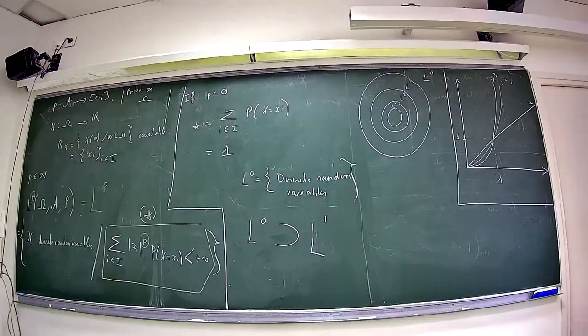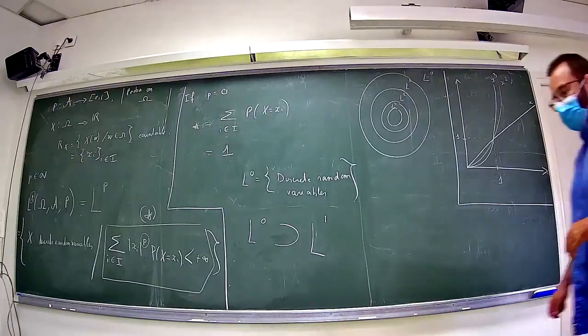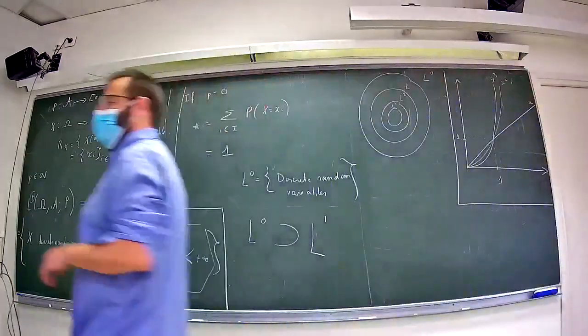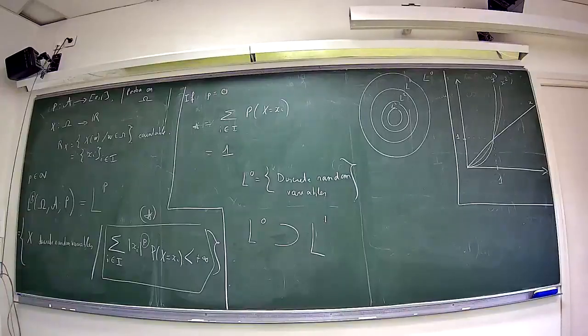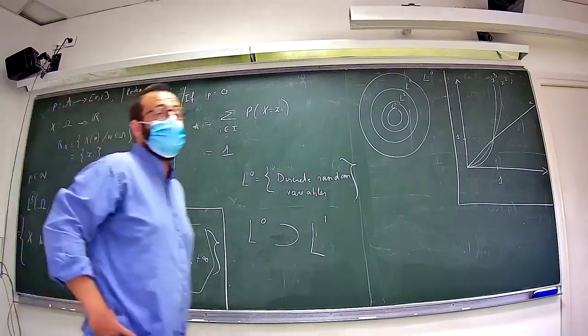But I'm not visualizing. How can the L1 be in L0? I think I also know what you mean by your question, because for me it's also that. I understand the reasoning that the whole set of discrete random variables has to be bigger than any subset that has constraints. It is bigger than any subset, in fact, yes.